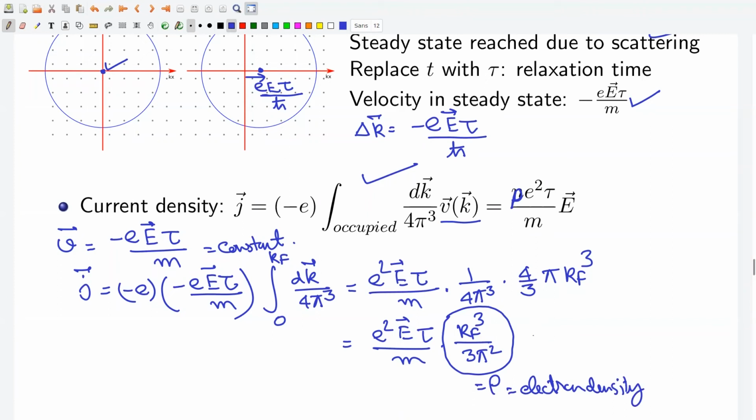Thus, we can rewrite this equation as rho times e square times tau divided by m times the electric field, where this term rho e square tau by m is the electrical conductivity sigma.